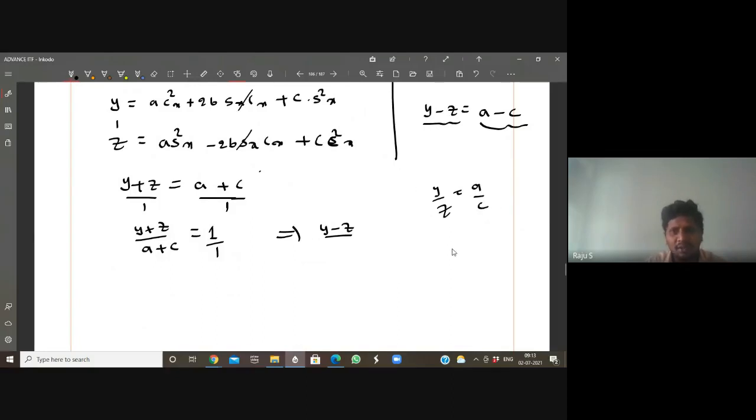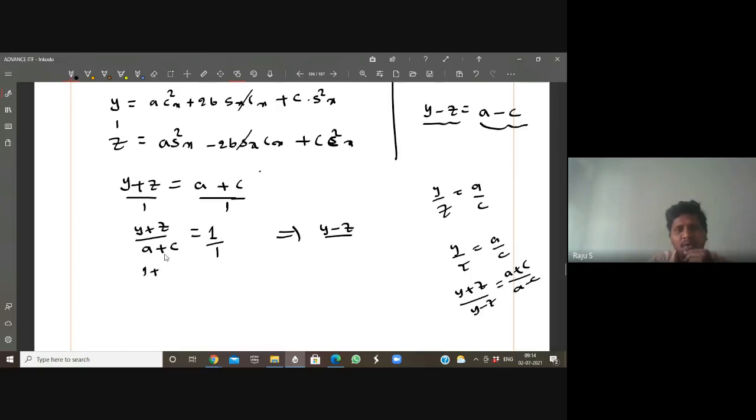Again we have to prove that y by z is equal to a by c. If we prove that, at that time we can write y plus z by y minus z is equal to a plus c by a minus c. When we equate the numerator and denominator, both will be equal. But generally we can't write like that directly.